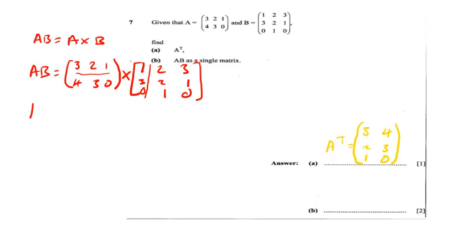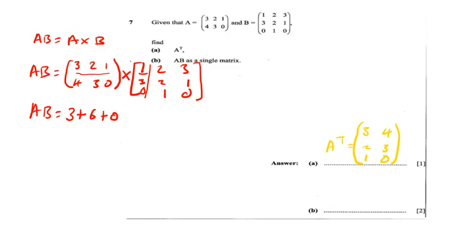So you say AB is equal to, now when you start multiplying, you add again. So 3 multiplied by 1 is 3, plus 2 multiplied by 3 is 6, plus 1 multiplied by 0 is just 0. Now we are moving to the next column, therefore you have to go to the next as well. You have to leave a space.